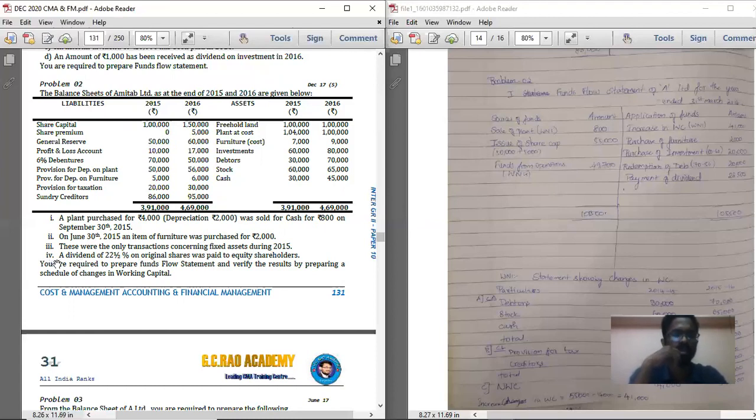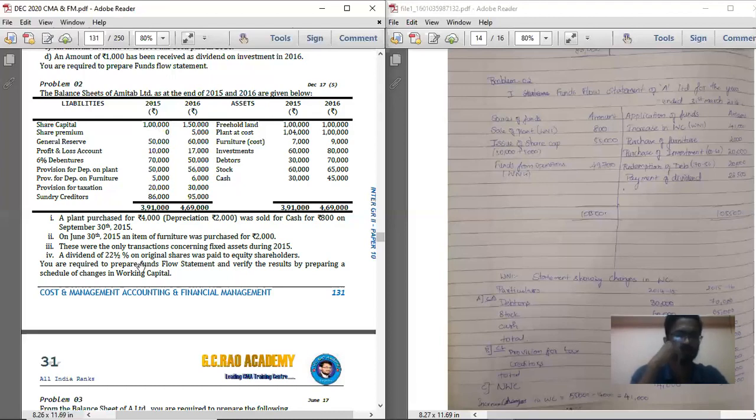The dividend of 22.5% on original shares was paid to equity shareholders. Here, the original shares are 1,50,000, and the dividend at the rate of 22.5% on original shares has been paid.